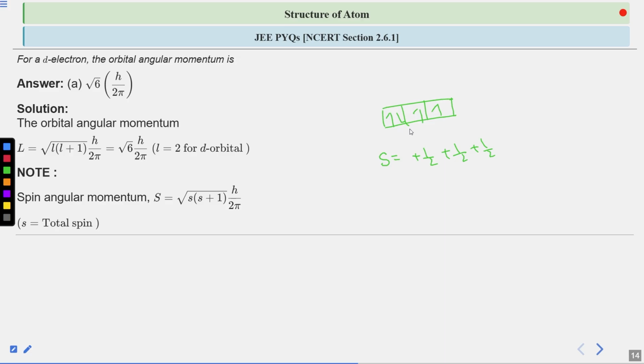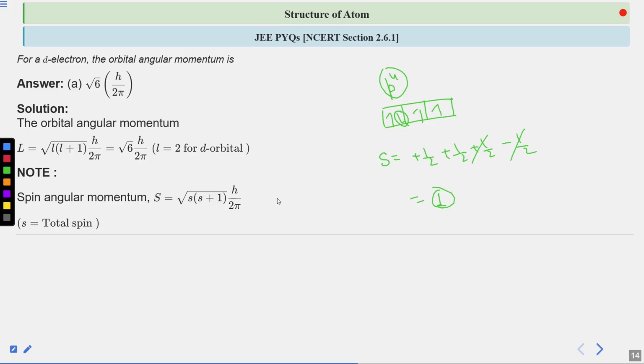Now the fourth is having a minus half spin state, which is a down arrow. Now add all of this. You will get your total spin as 1. Now put this value of 1 here and you will get your spin angular momentum for this configuration, which is p4, in terms of h by 2 pi.